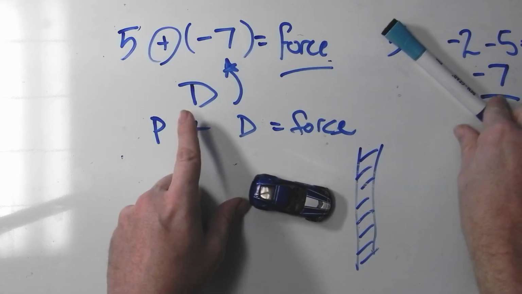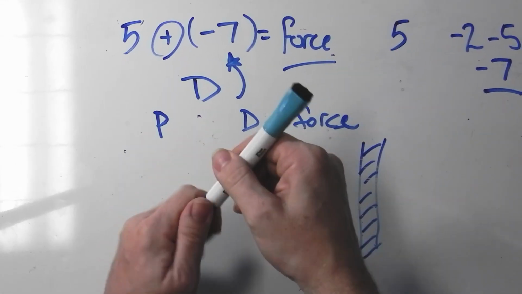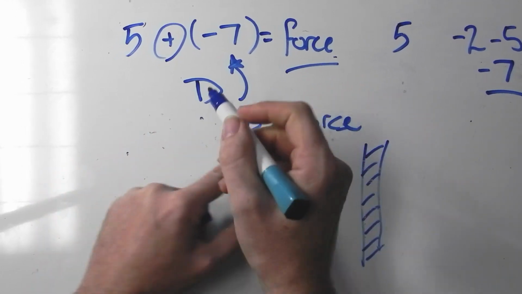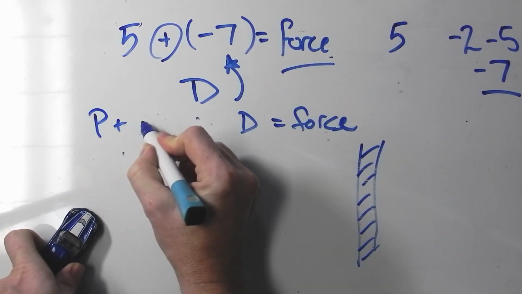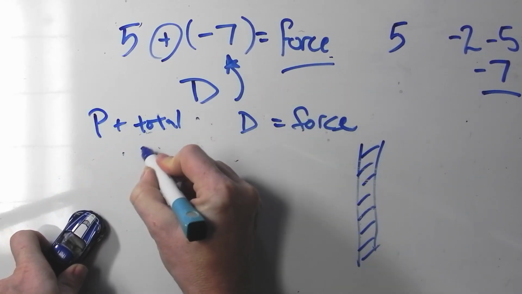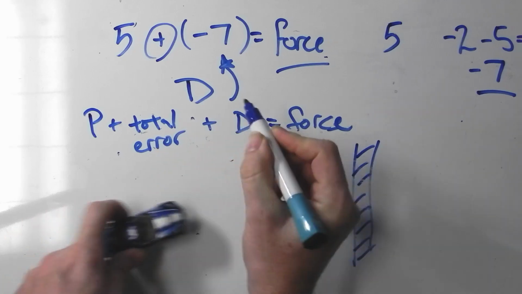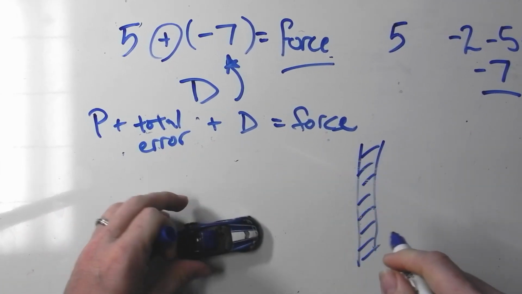So let's add a third component to our strategy, to add to the P and D. Let's say that on every turn we measure our error and keep a running tally of it, and add that running tally to our calculation.